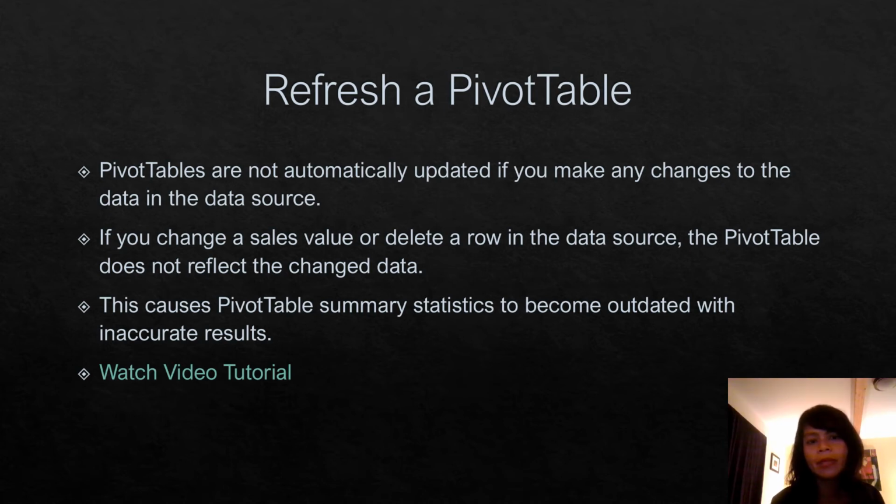This causes the pivot table summary statistics to become outdated, with inaccurate results. So please watch the video tutorial on how to refresh your pivot table. Please pause this PowerPoint video right now and refer to the refreshing a pivot table video tutorial.